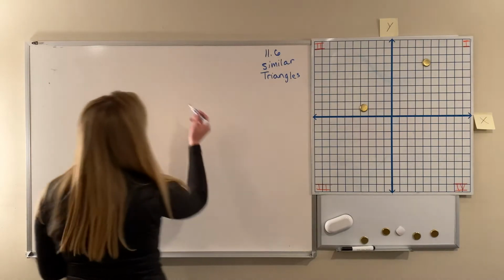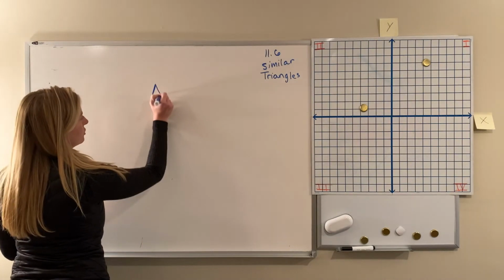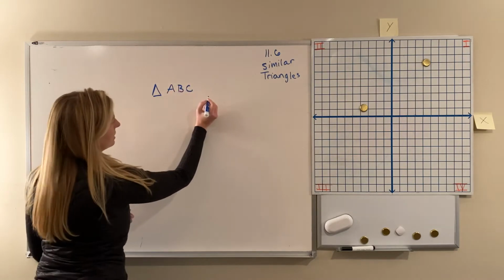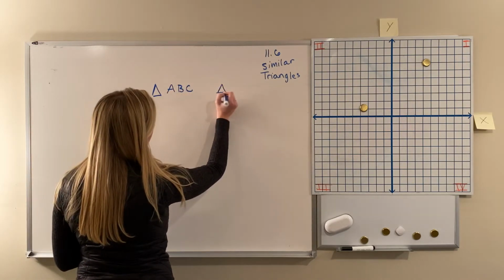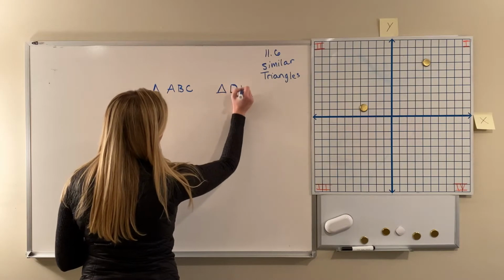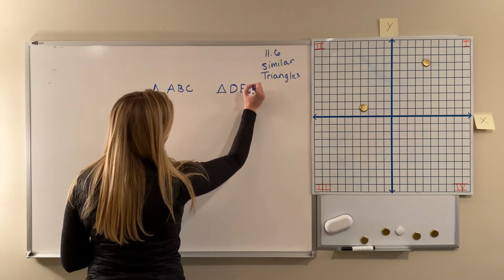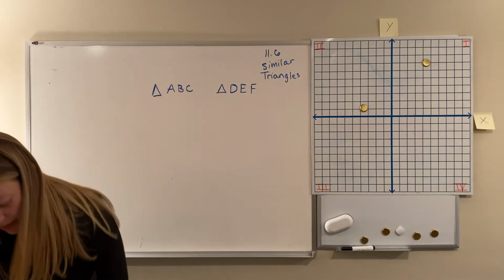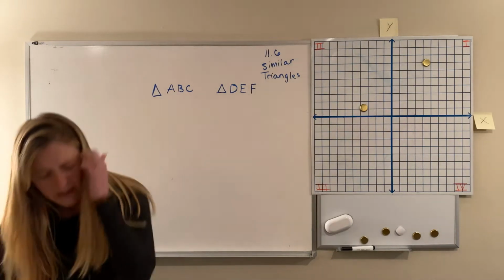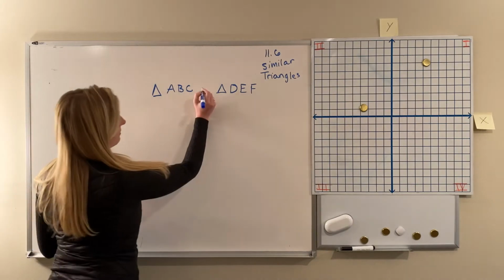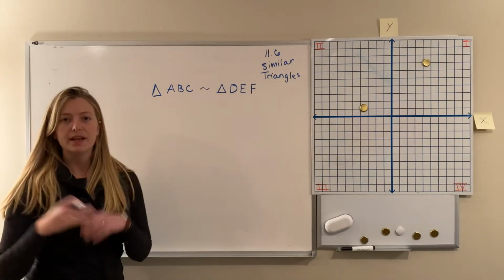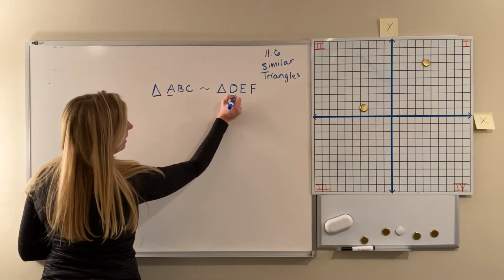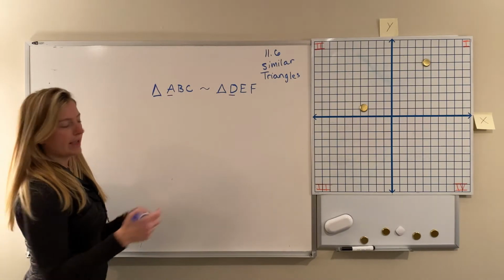So they give you triangle ABC, and then triangle DEF. Without drawing the two triangles, all that's saying is, for our two rules to be correct, if these two triangles are similar, that means all of our angles have to be the same. Angle A has to be the same as its corresponding angle.